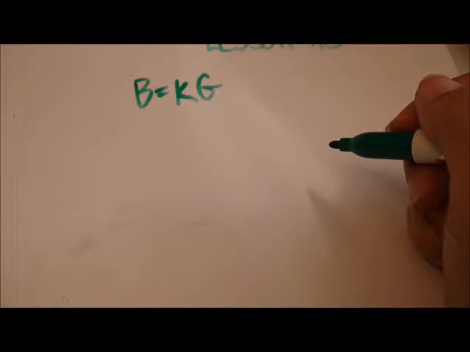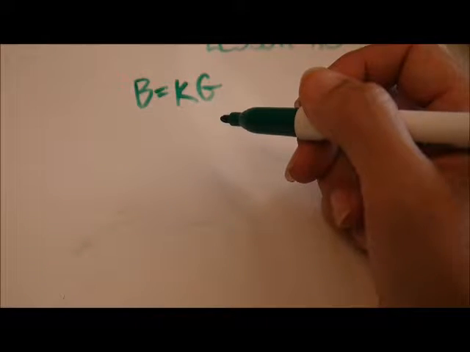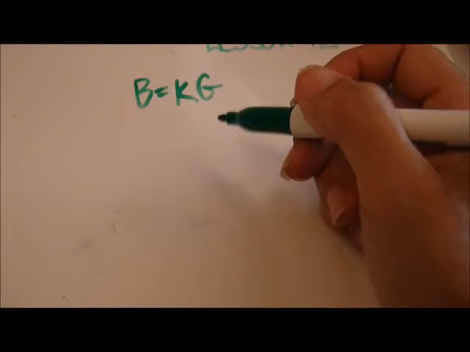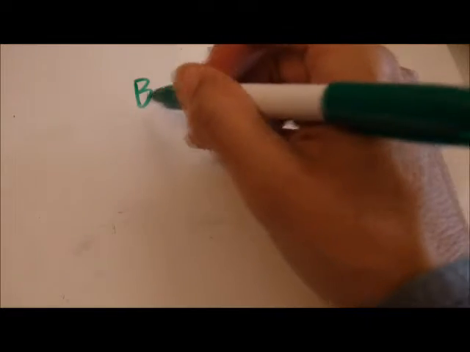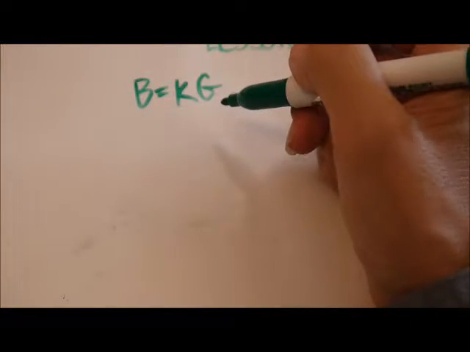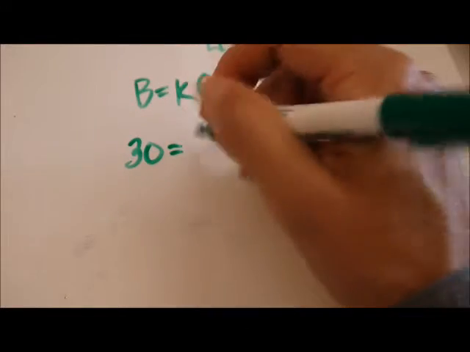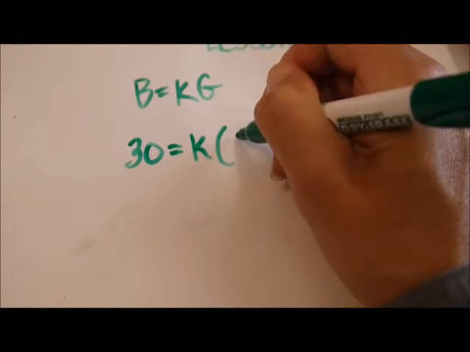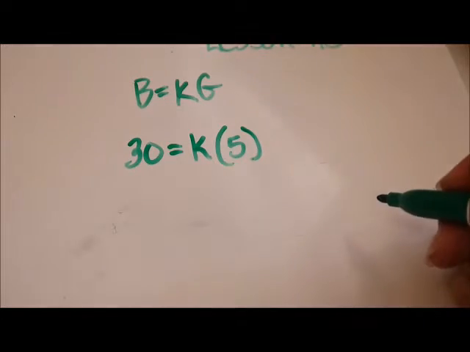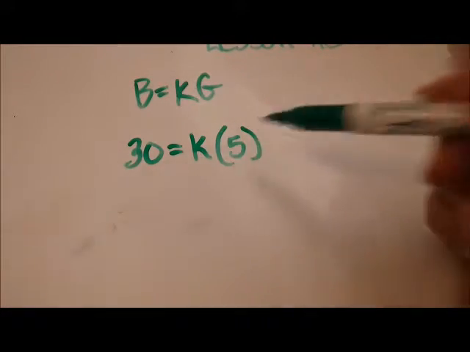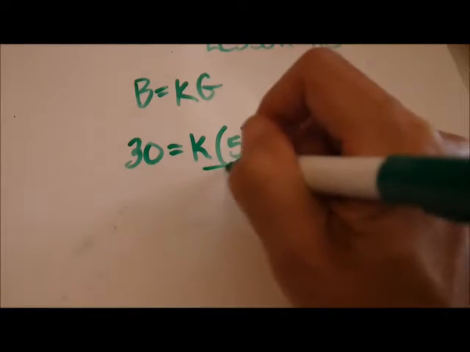The next statement would say we can use these values and solve for K. If there are 30 boys and 5 girls in one room, so they would say boys vary directly with girls, and there are 30 boys in one room and 5 girls. So we plug in those values for your boys and your girls. And now we have what we need to solve for K.